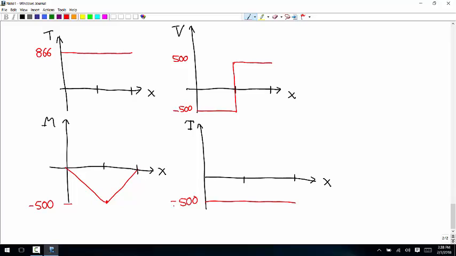Okay, so if this beam had the same cross section all the way through and was made out of the same material all the way through, where would you be concerned about this breaking? That's basically the reason why we're doing this analysis.